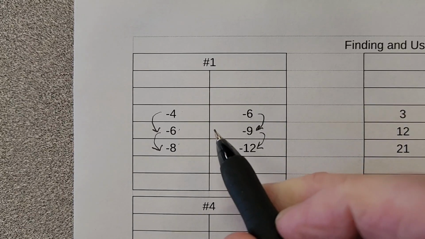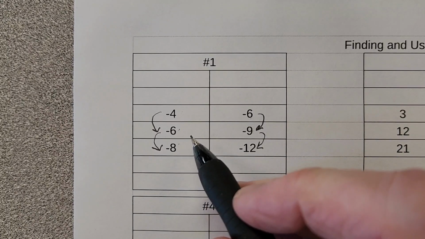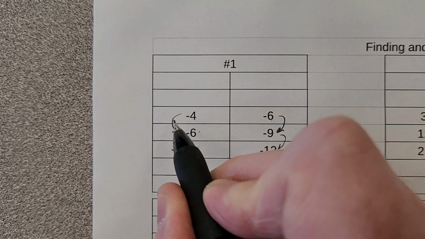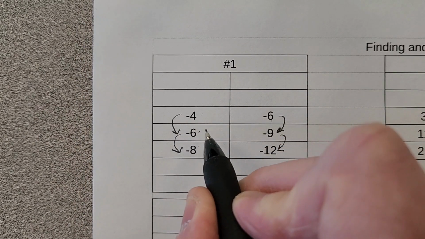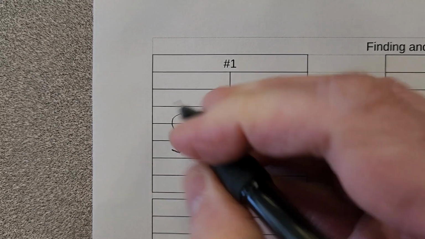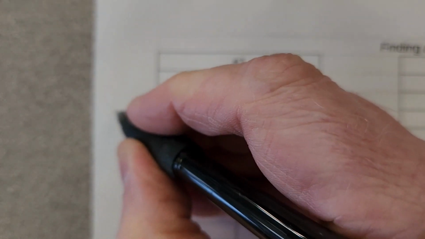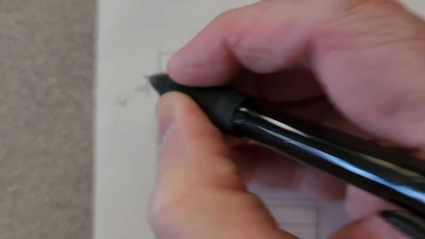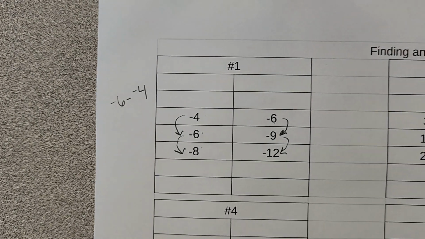So how do we find that distance? Well, if you remember, if I want to go from here to here, we're going to start with this -6 and take away the number before. So what you're going to plug in is -6 minus -4. I'll give you a second to write that.